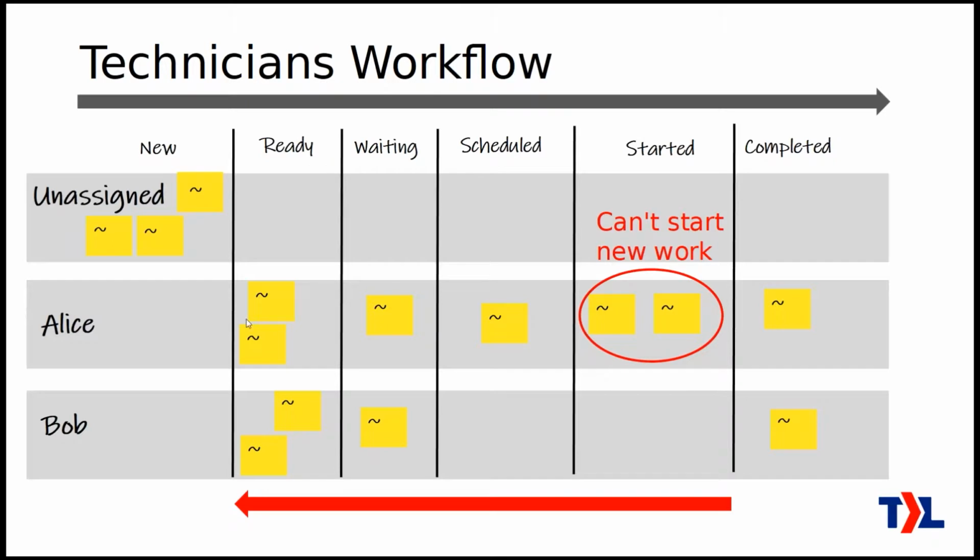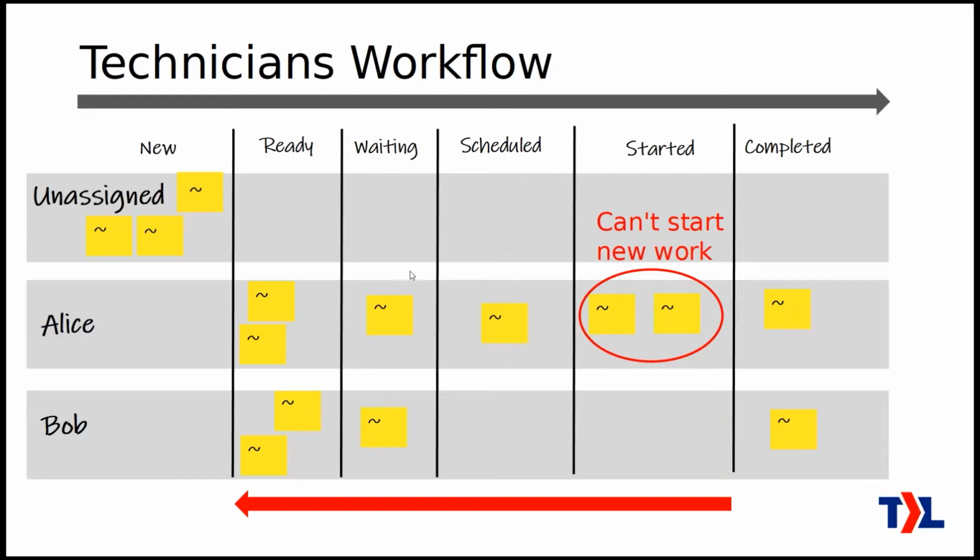And once those are done, then absolutely check if there's anything else. You don't have to worry about scheduled because that just comes in the calendar. Take a quick look through ready. We're working from right to left. So just take a quick look through waiting, see if there's anything that's opened up there. Maybe the customer's responded or whatever. It means you can work on it again. So prefer that and move that to started or in progress.